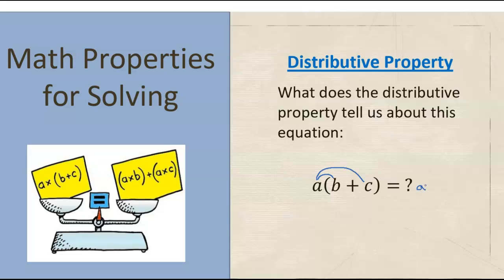So this becomes a times b plus a times c. Remember, there's an implicit multiplication in here. We don't always write that multiplication symbol, but we know it's there. So we distribute that multiplication between the a and b and between the a and c.